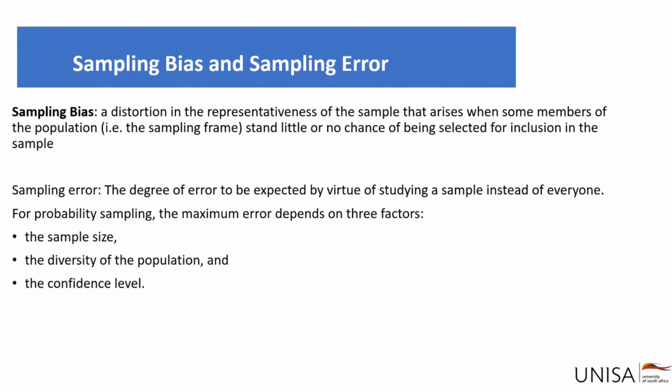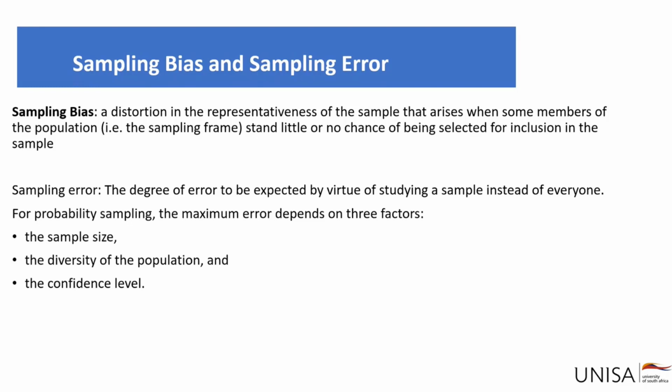When you do your proposal, you raise it because it's always there. You are human yourself as a researcher. So it's acceptable in research that there will be some level of sampling bias. What becomes a problem is, one, you don't mention it, or two, when you've got a lot of it. But it will always be there. So there's nothing wrong with a sampling bias being mentioned.